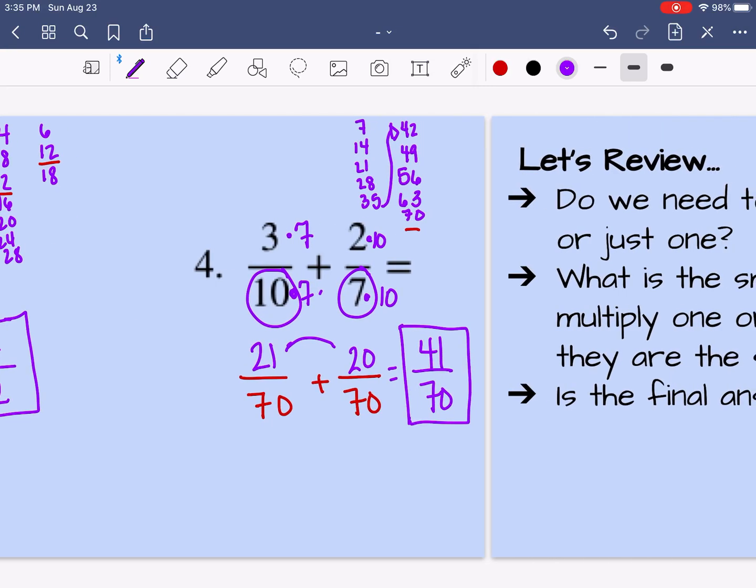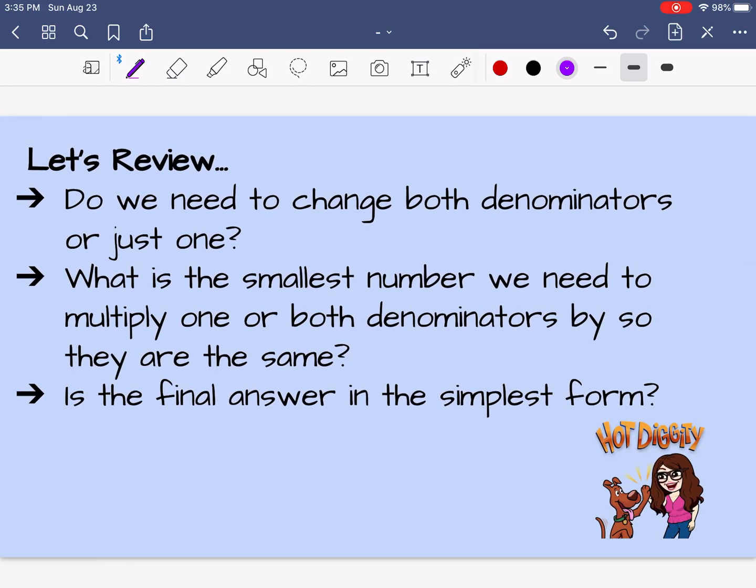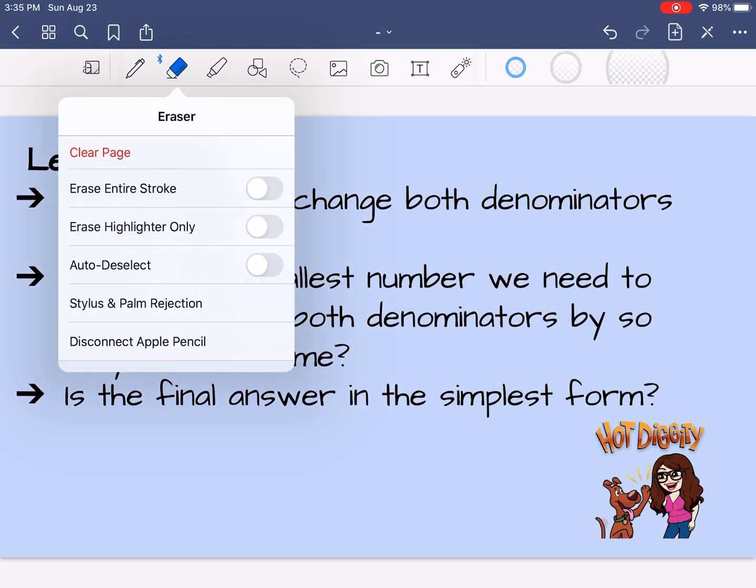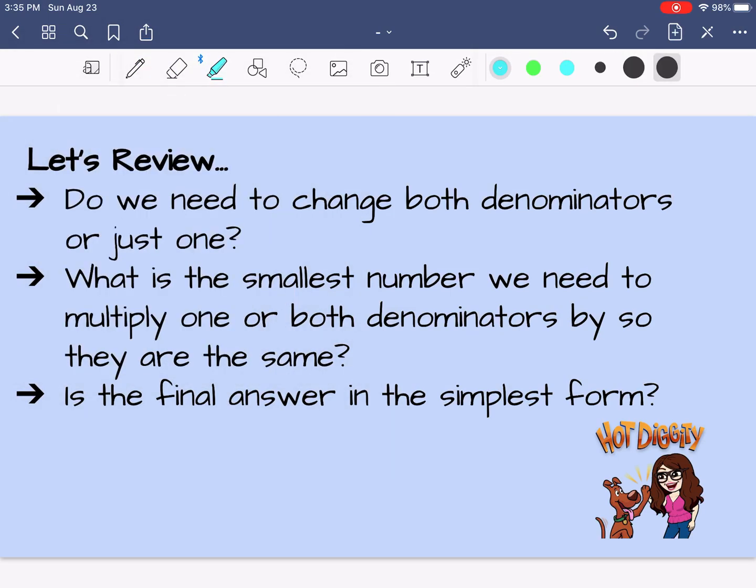Okay. All right. So, just a reminder. As we're going through and we need to add or subtract fractions, we need to look at them, making sure that we are doing the best we can to solve the problems without wasting time or doing more work than we need to. Do we need to change both denominators or just one?